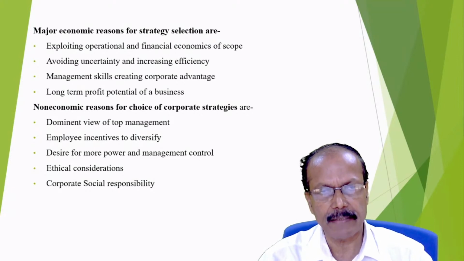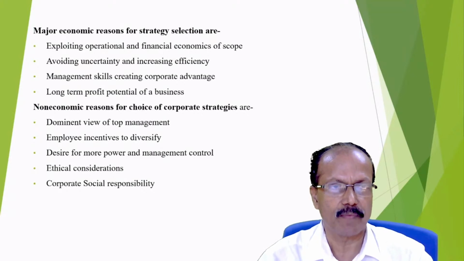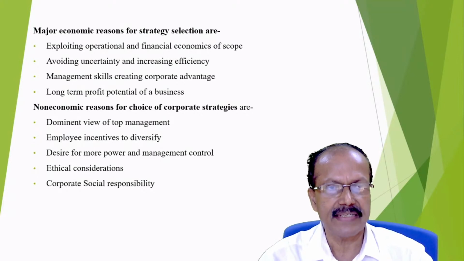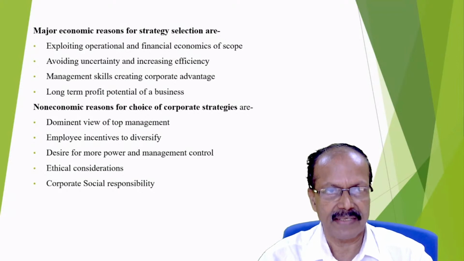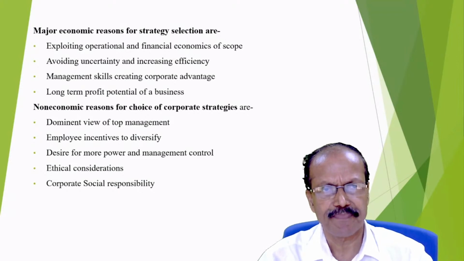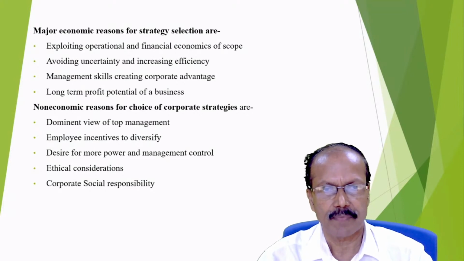The existing setup and manpower is best utilized through economies of scope, and avoiding uncertainty and increasing efficiency is also very essential. Management skills, creating the corporate advantage, and also, as an economic reason, the long-term profit potential of a business or organization for the future, and it is a continuous process.